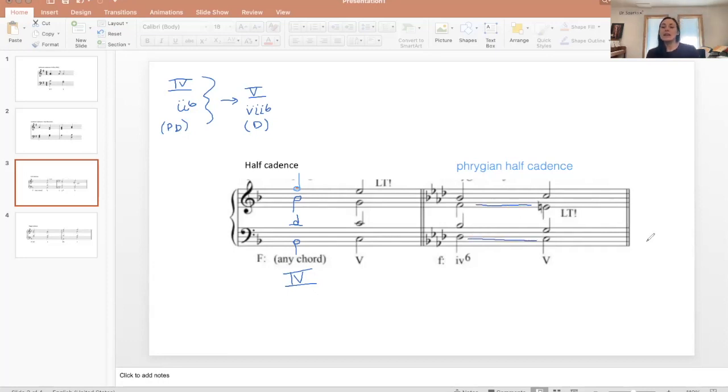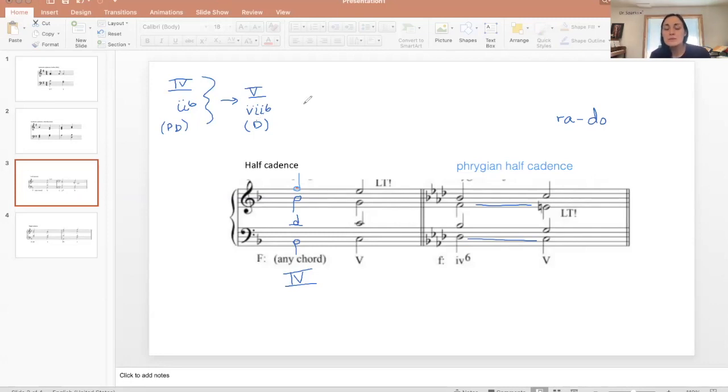Okay. And in a way, these half steps feel a little bit like the Ra to Do half step that we have in our Phrygian mode. And that's why we end up with this kind of extra special label for the Phrygian half cadence. The Phrygian half cadence does not frequently happen with the leading tone chord.